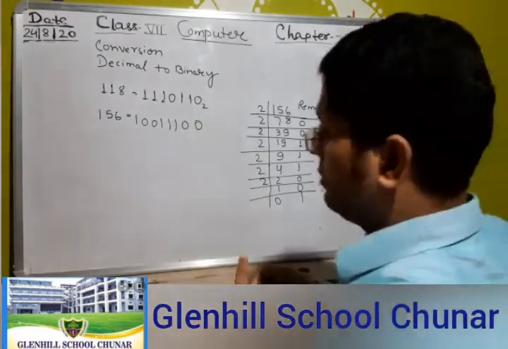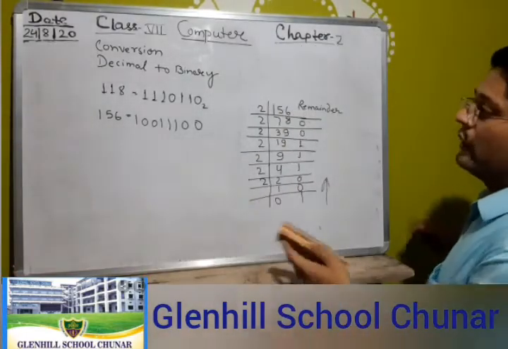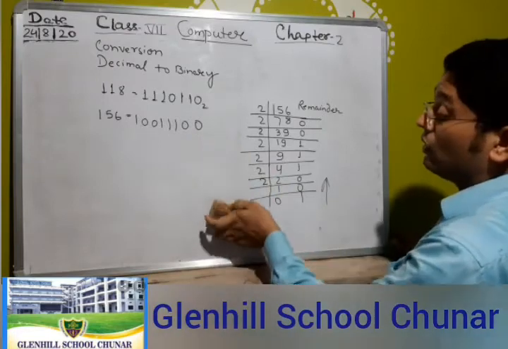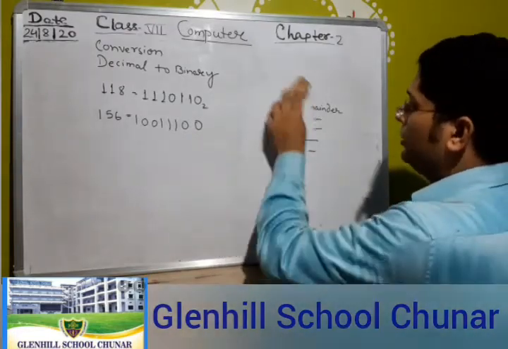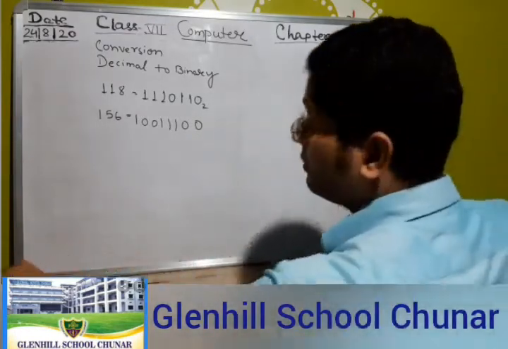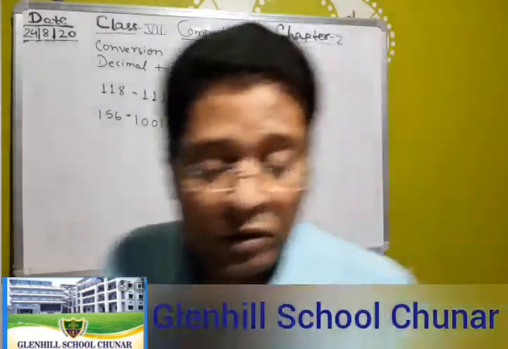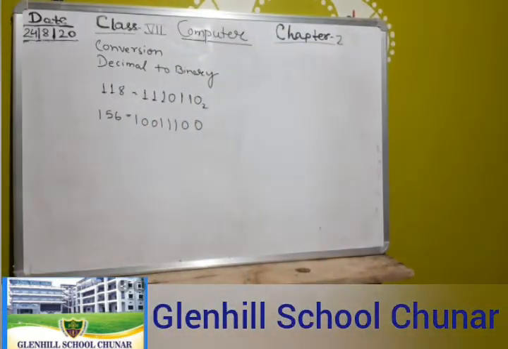And check to verify whether this number is right or wrong, and whether your process is right or wrong. So how will you convert binary back to decimal?